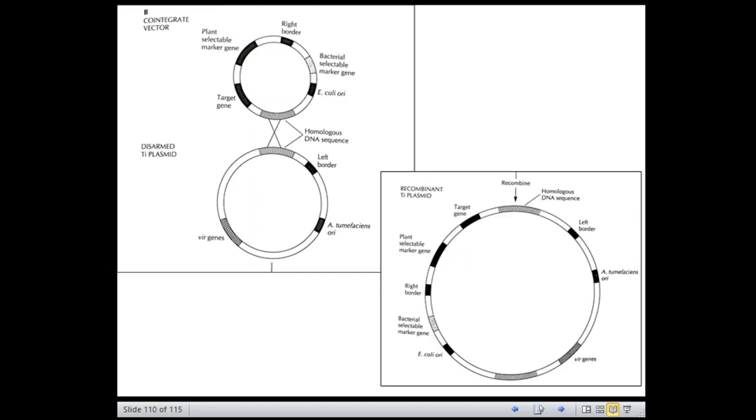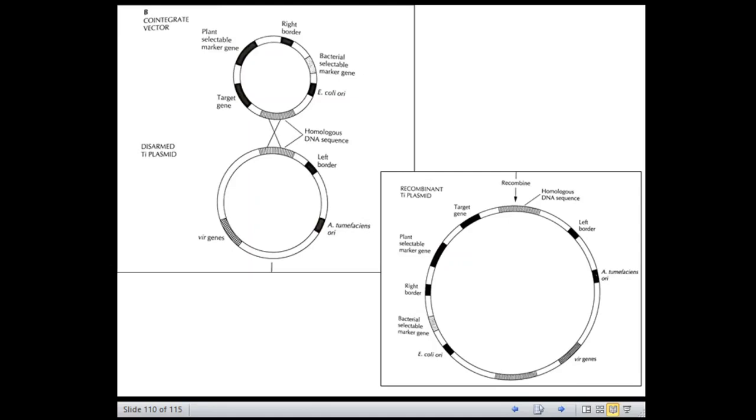More specifically, the cloning vector recombines with a modified Ti plasmid, that is a disarmed Ti plasmid, which lacks the tumor producing genes of the T-DNA, within Agrobacterium tumefaciens, and then the entire cloning vector becomes integrated into the disarmed Ti plasmid, as shown in the figure.